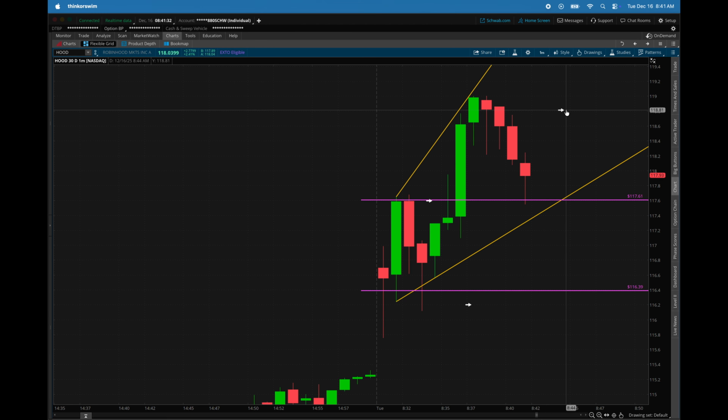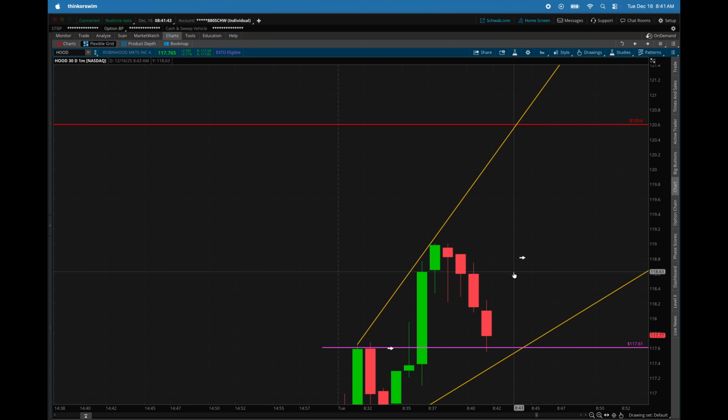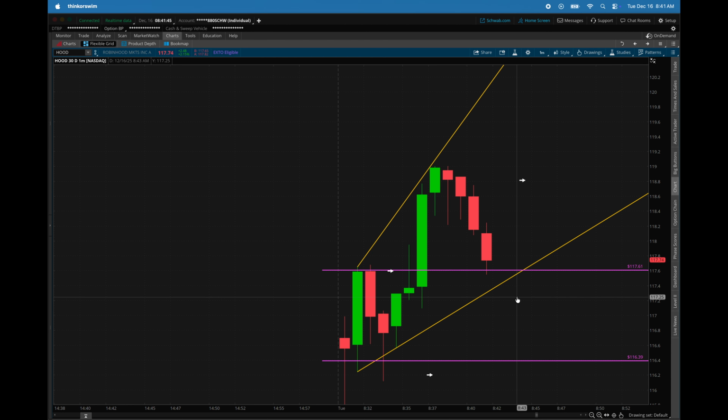It's probably gonna go here, but it's just too risky for me. I was hoping this bar to break small, incoming retest, so it goes towards the top. It was already a big move.